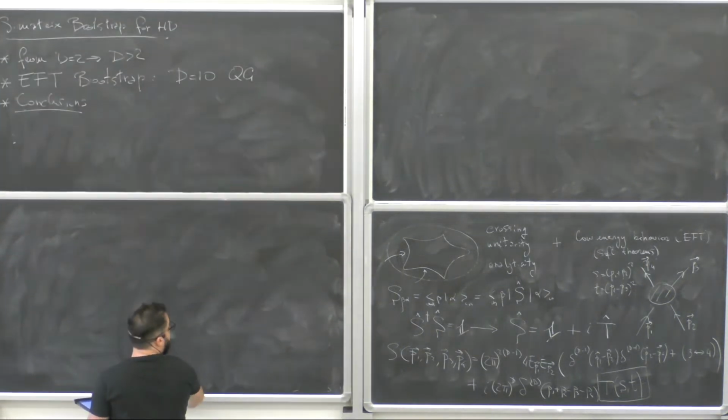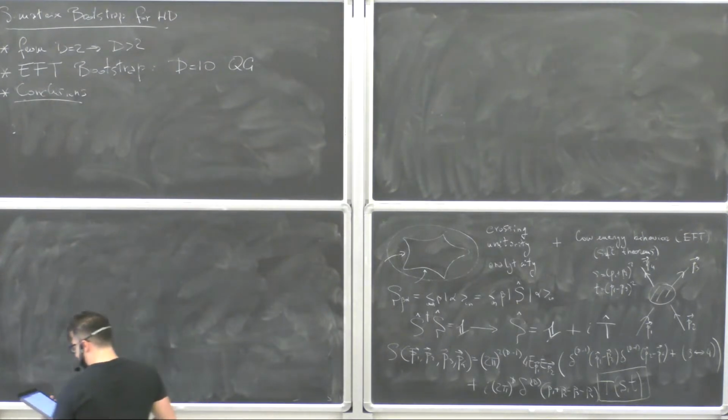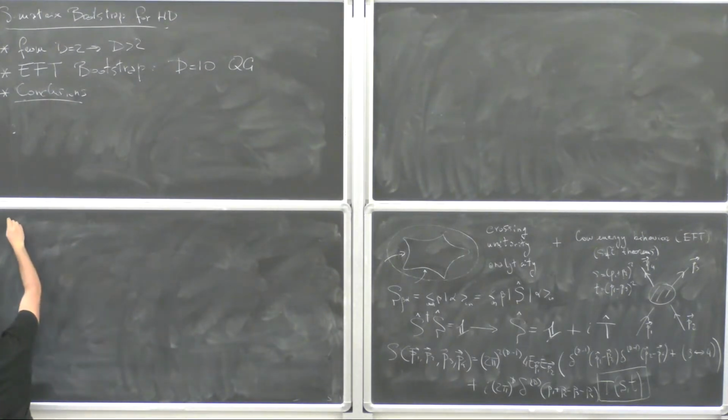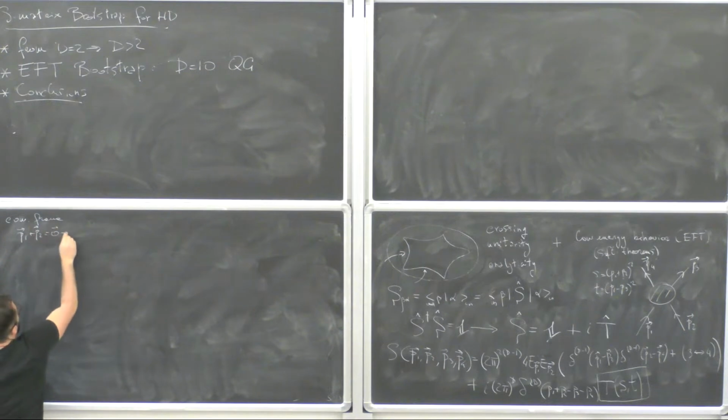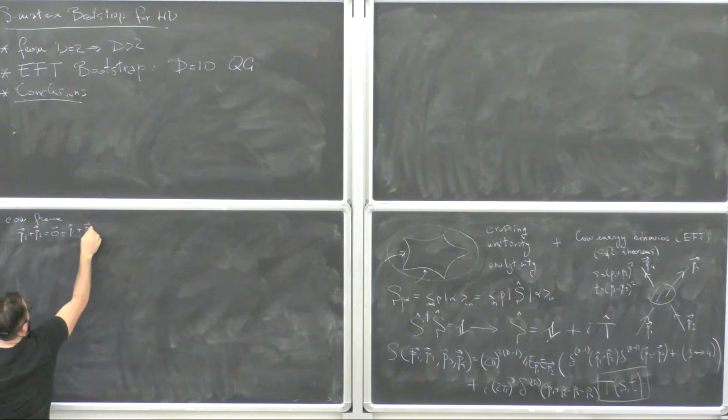Okay. So now, let me write down these Mandelstam invariants in a specific frame, which is quite useful, which is the center of mass frame. In the center of mass frame, it's very nice. It's defined by setting P1 + P2 equal to 0, which is also equal to P3 + P4. This is how it's defined.